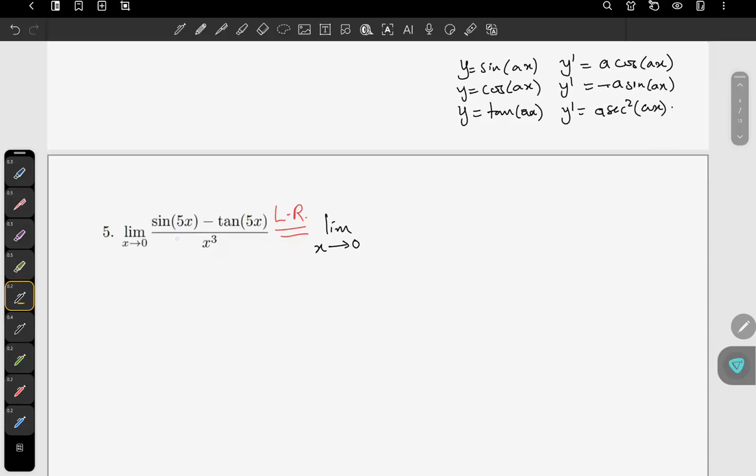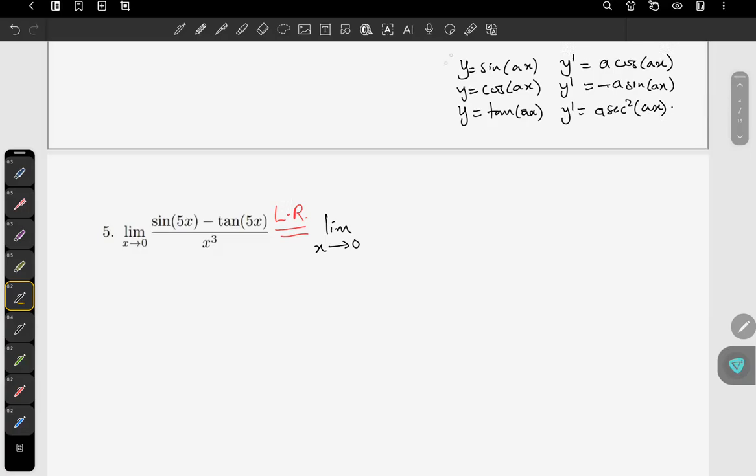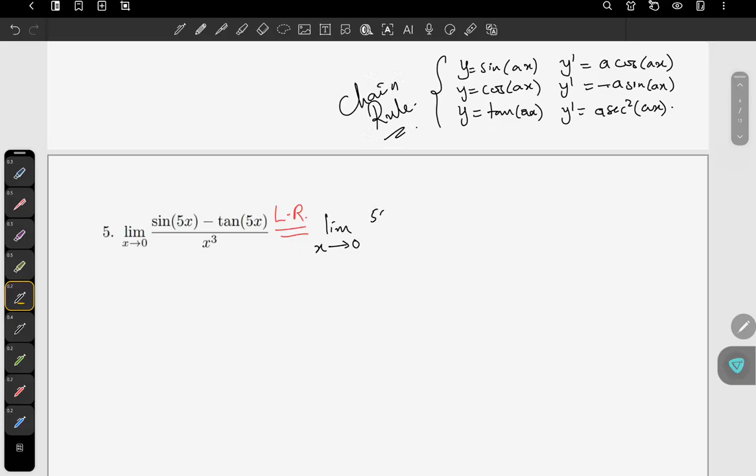So in this case, sine 5x. All of these are just results of the chain rule. So for sine 5x, we get 5 cosine of 5x. The derivative of tan 5x is 5 sec squared 5x over the derivative of x cubed, which is 3x squared.